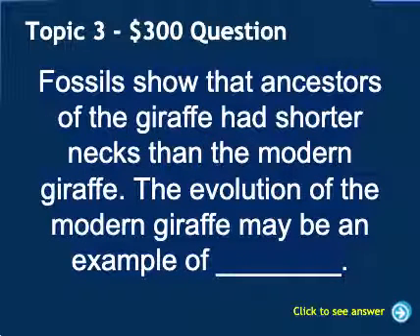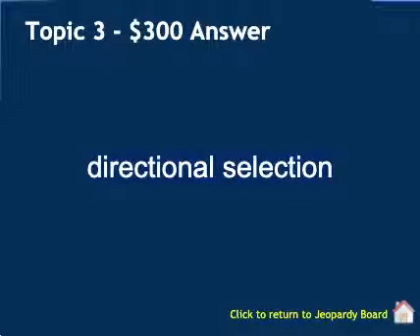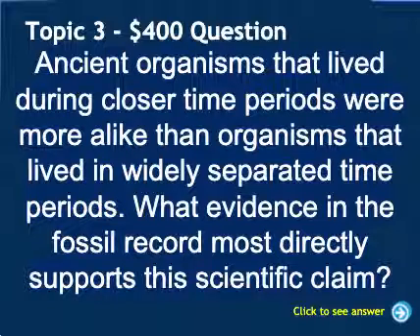Fossils show that ancestors of the giraffe had shorter necks than the modern giraffe. The evolution of the modern giraffe might be an example of directional selection. Ancient organisms that lived during closer time periods were more alike than organisms that lived in widely separated time periods.